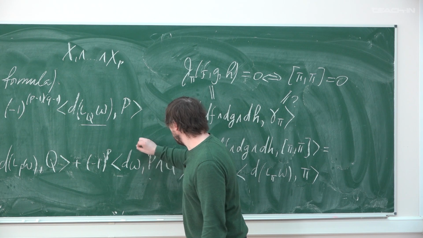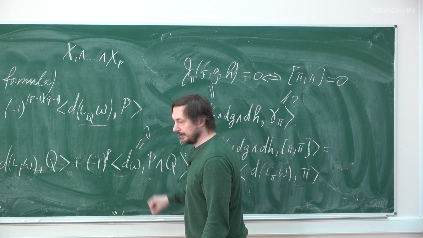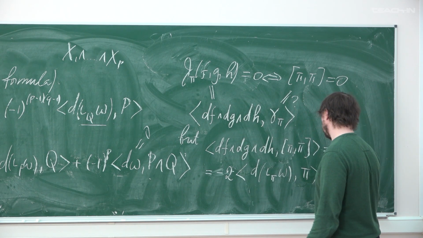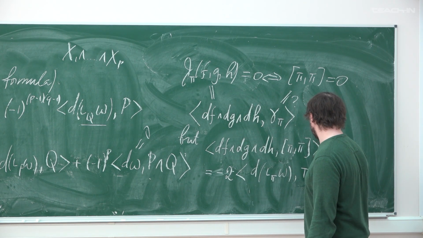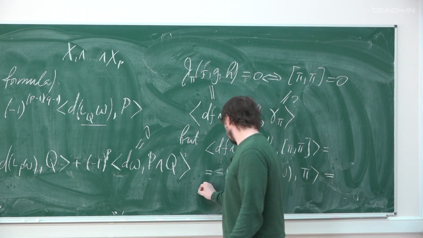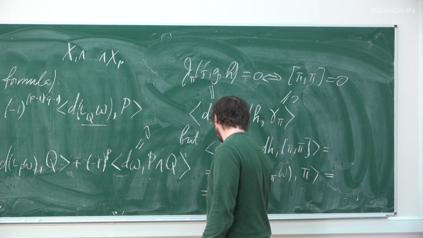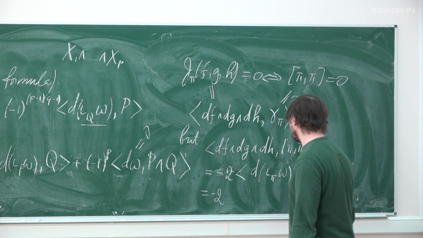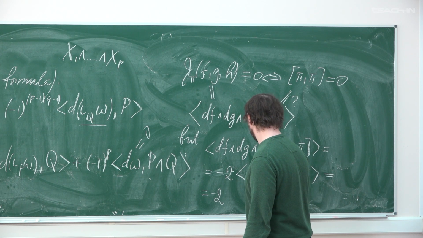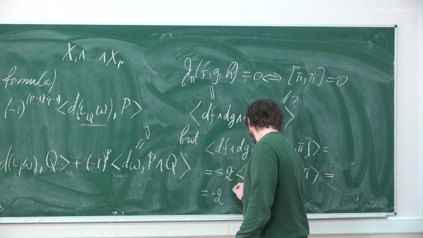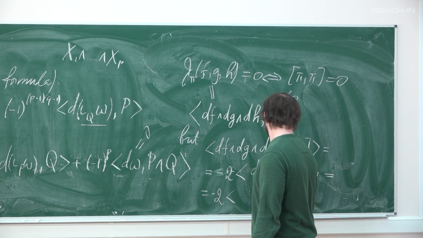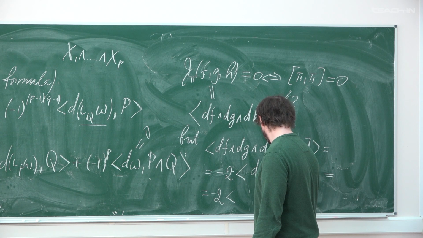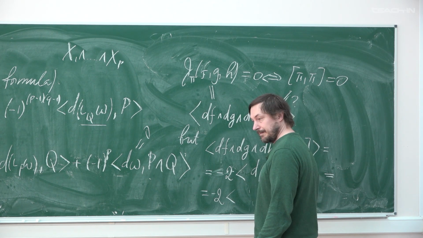Now this term vanishes identically because the differential of omega is equal to 0. Omega is df dg dh, so d omega is equal to 0. So we continue, up to this minus 2 in front. What is I sub pi of omega?